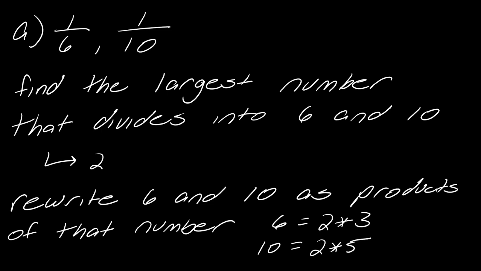Okay, so what is the LCD? The LCD is that one number that evenly divides into both of those, times what numbers do not go into both. So this is an overlapping number in the LCD and does not need to be written twice.